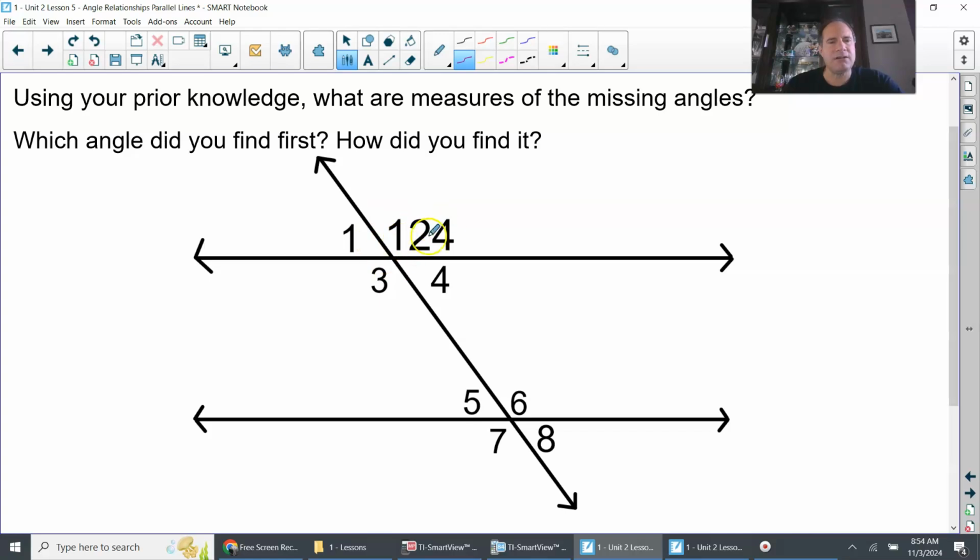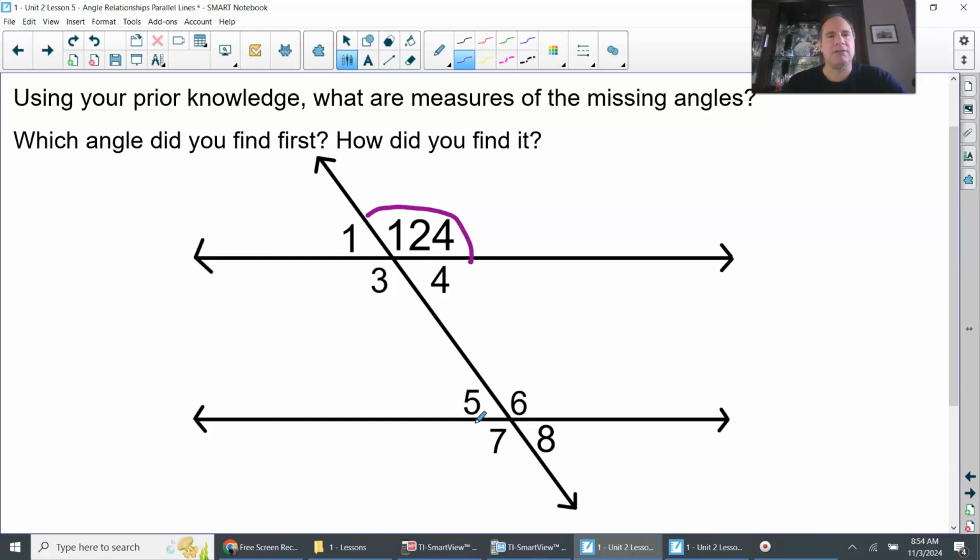So let's get to our first question. This angle right here is 124 degrees, and I want you to realize every obtuse angle is 124 degrees. Every large angle that looks like the one that is here is 124 degrees.